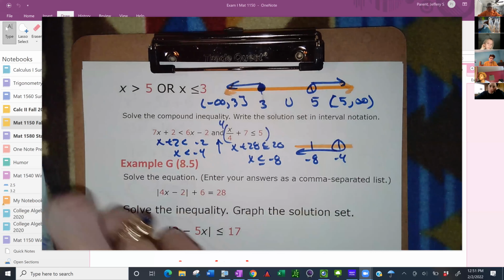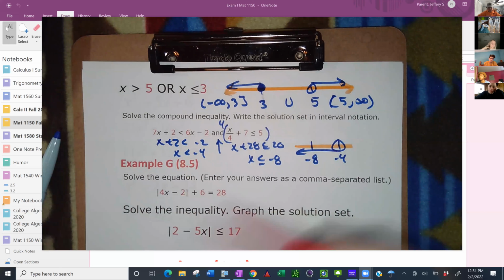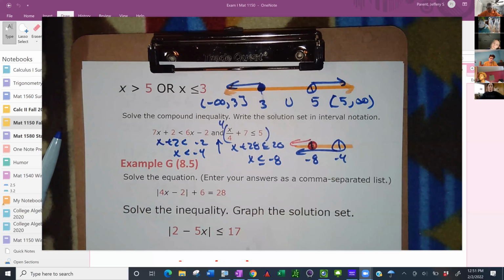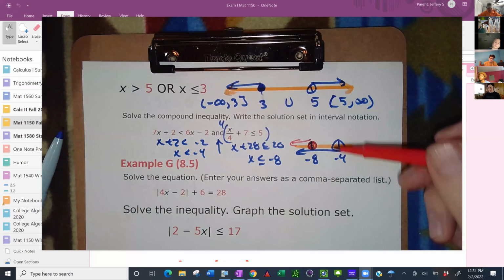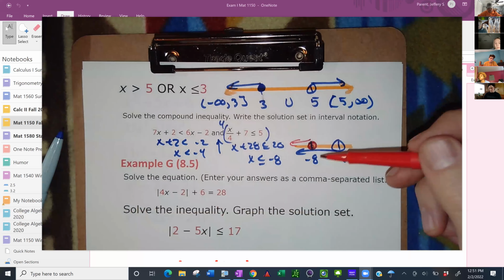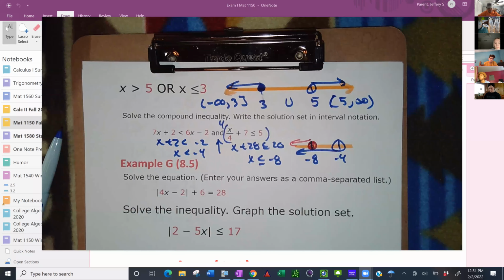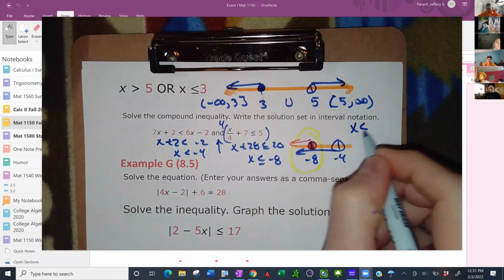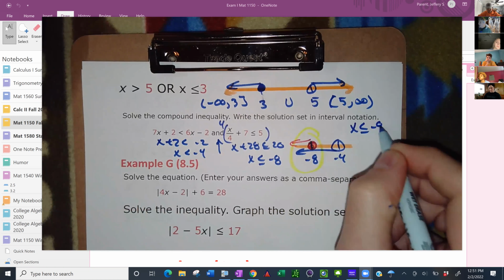And then maybe I can try and do this in a different color. x is less than -8. But if you're looking for where they overlap, right here. So the final answer is x is less than or equal to -8. Because that's where they overlap.